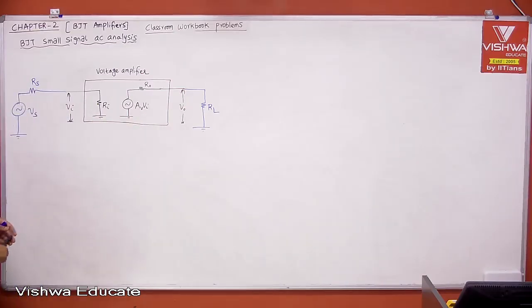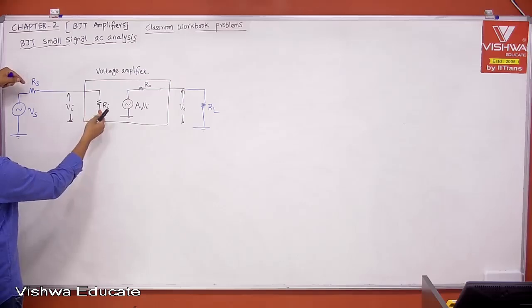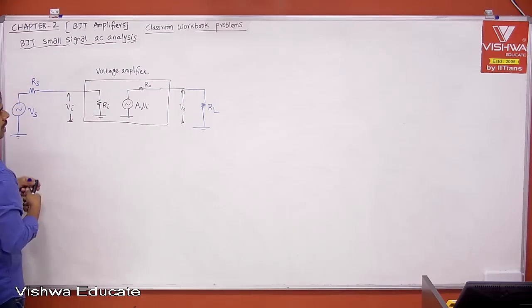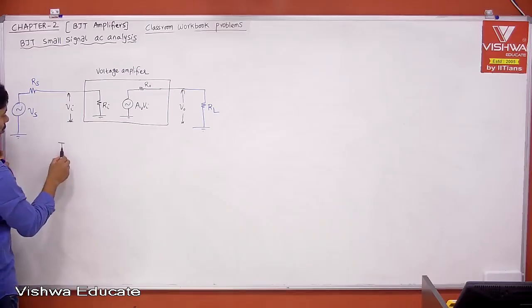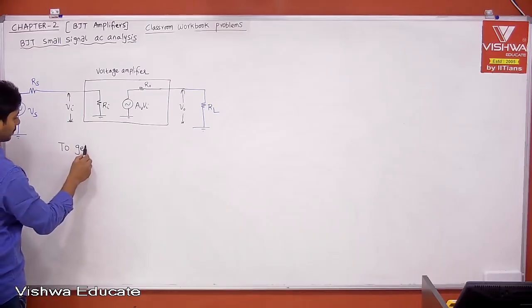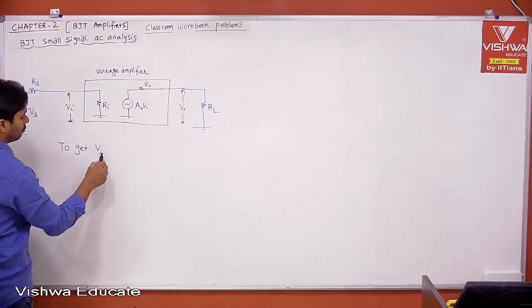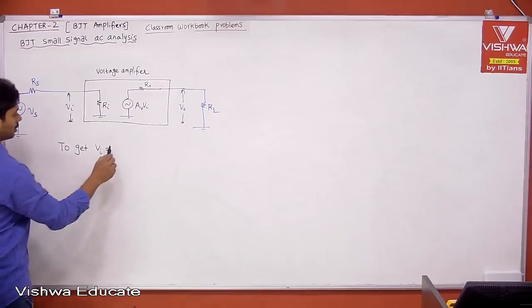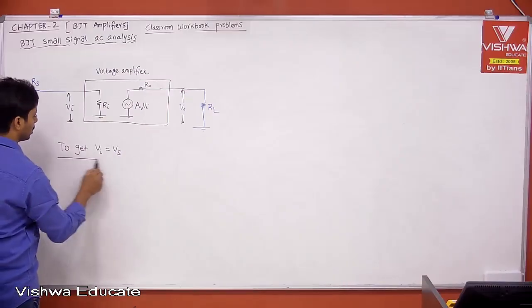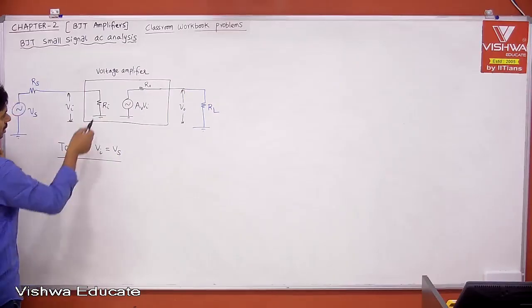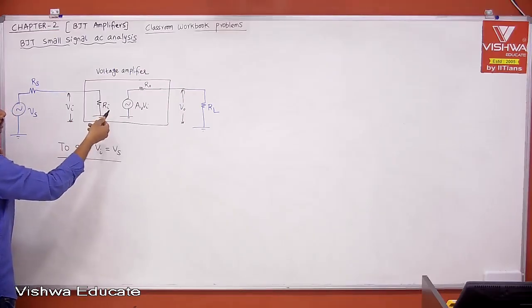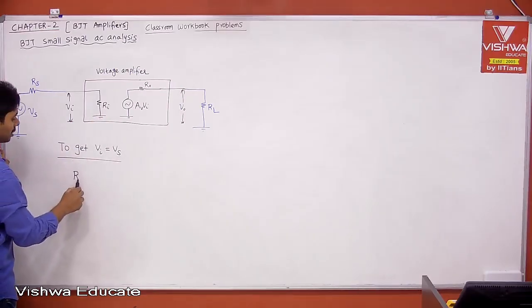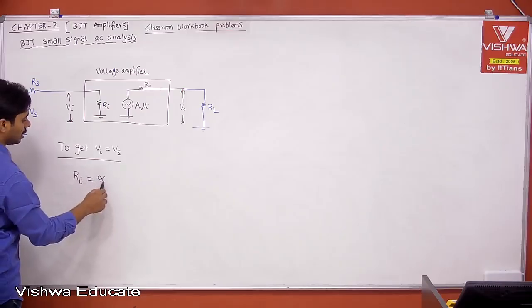Then I told you that because of the interaction between Ri and Rs, to get Vi equal to Vs, I am repeating again, I am speaking with respect to the amplifier, your Ri should ideally be infinity.